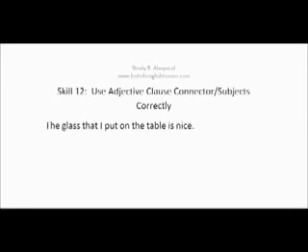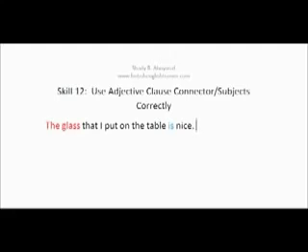Now let's analyze this sentence together here. Look, we've got the glass, that's a subject, fantastic. And then we've got is, which is a main verb here. So we've got the glass that I put on the table is nice.